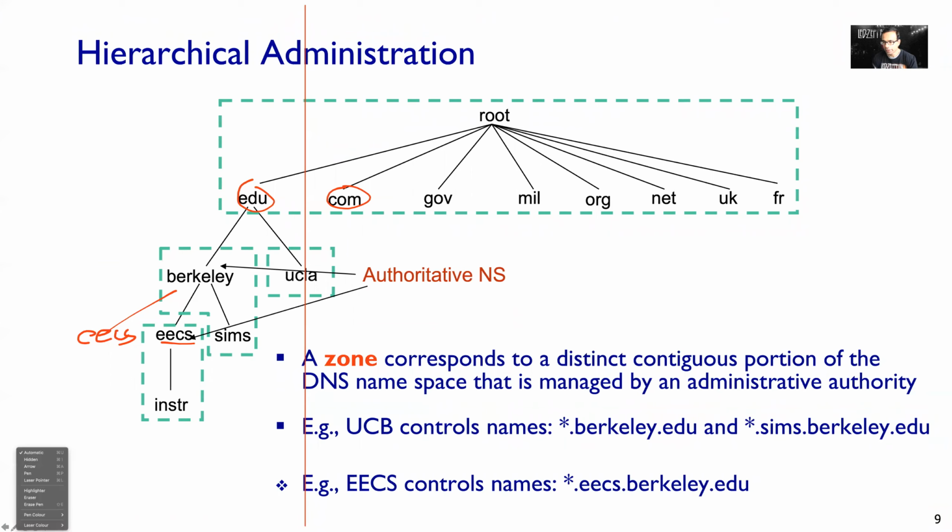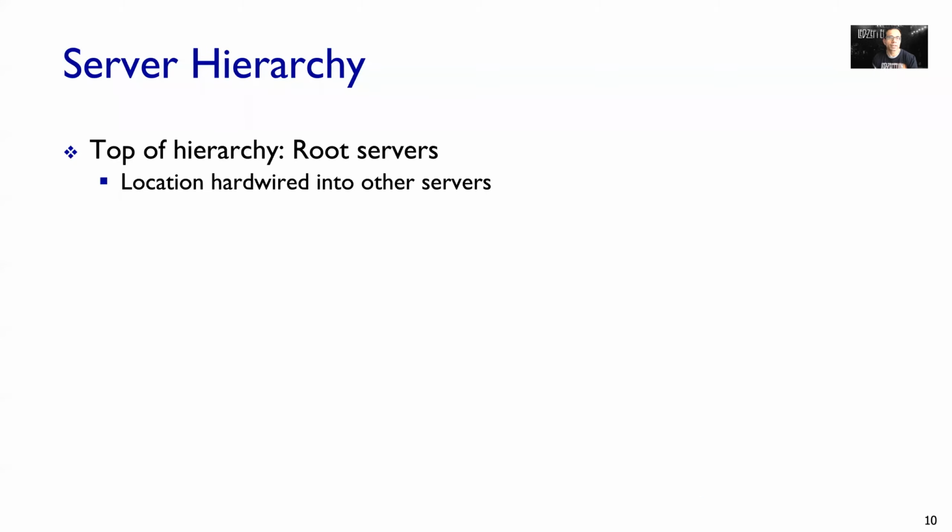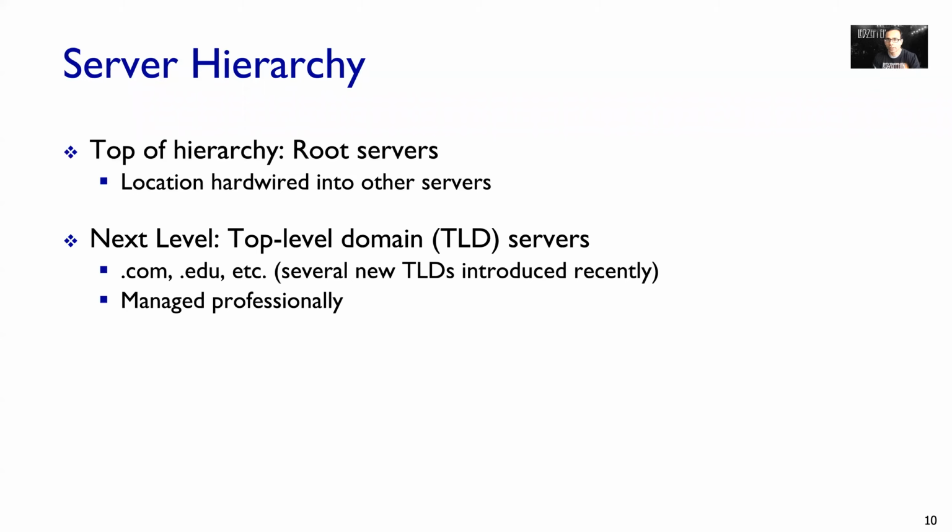So that effectively becomes the root. It's not actually shown and we don't type it, but there's a final dot at the end. So these are absolutely at the top. These are called root servers, and their locations are actually hardwired into the other servers, and I'll talk more about root servers in just a minute.